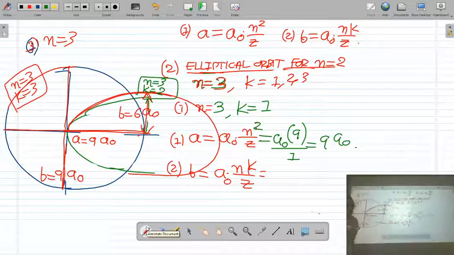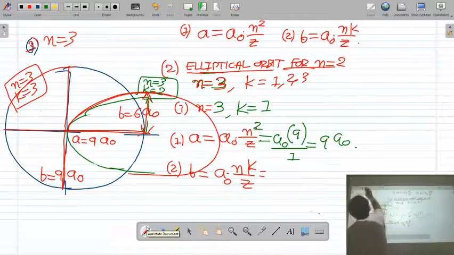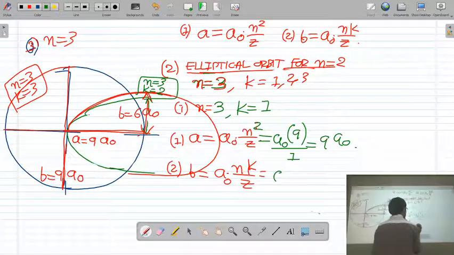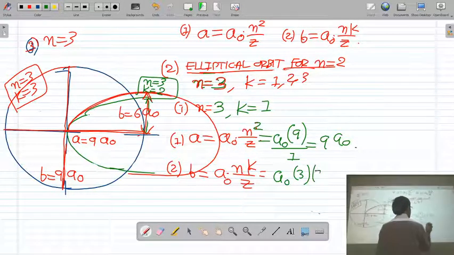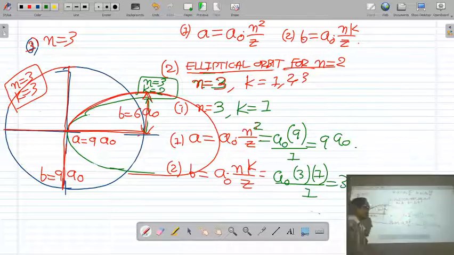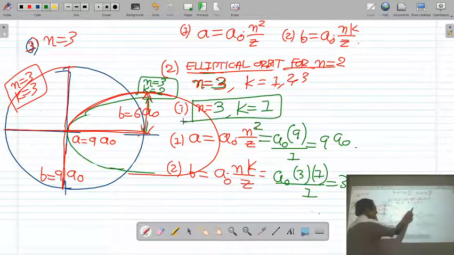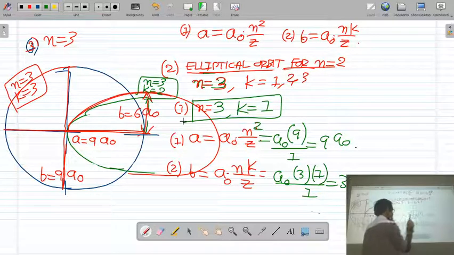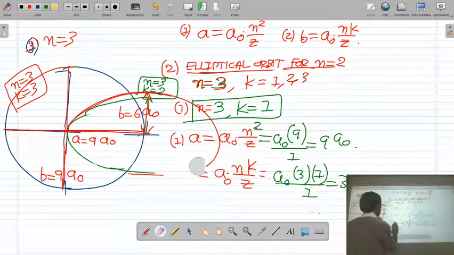Let us calculate semi-minor axis B with the help of the equation A0 n square by Z, with k is 1, Z is 1. So for n equal to 3, k equal to 1, semi-major axis is 9A0 and semi-minor axis is 3A0. So I draw that orbit also.